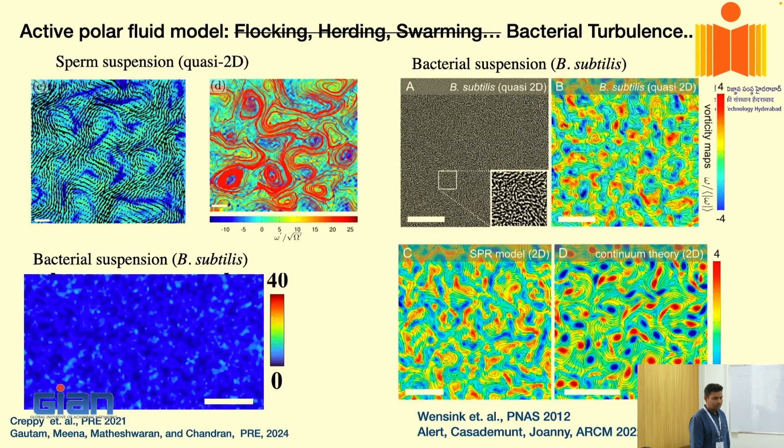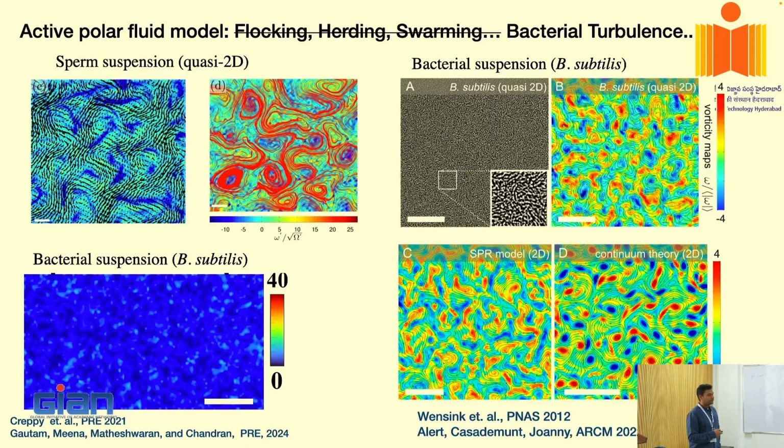Okay. Now, before we go to the modification in the equation, let me show you a few more examples. Of course, the phenomenon itself, the video that we have seen, is going to be very different. When you have structures which are of the order of the system size, usually you say that it indicates herding, flocking, or swarming kind of behavior.